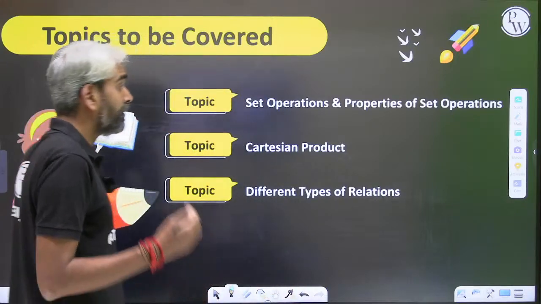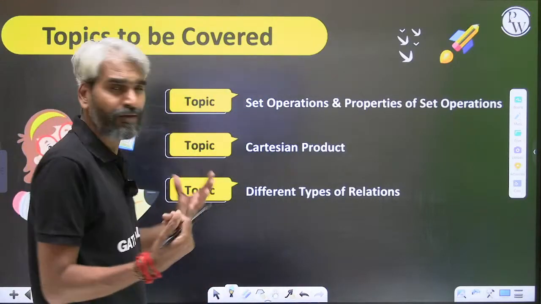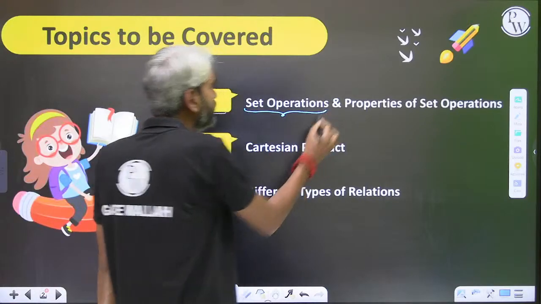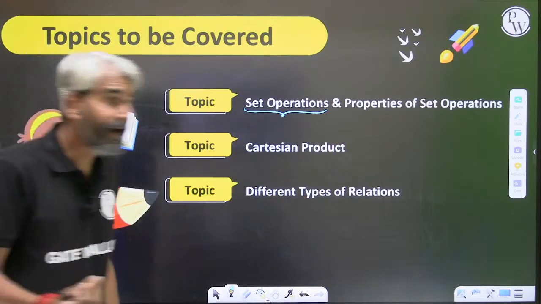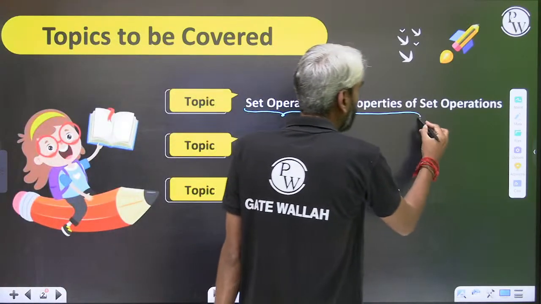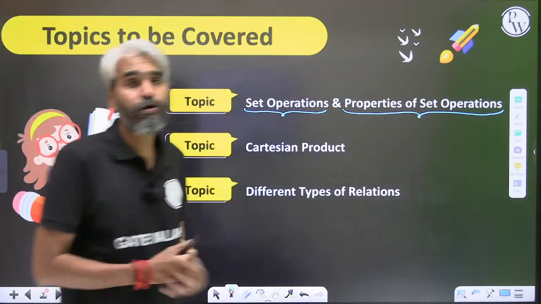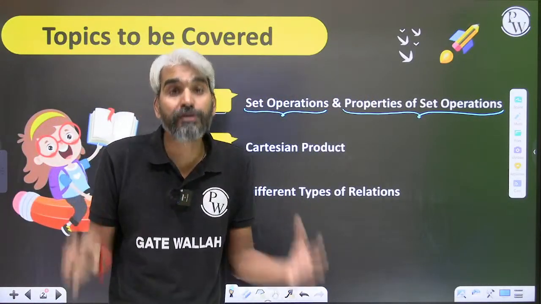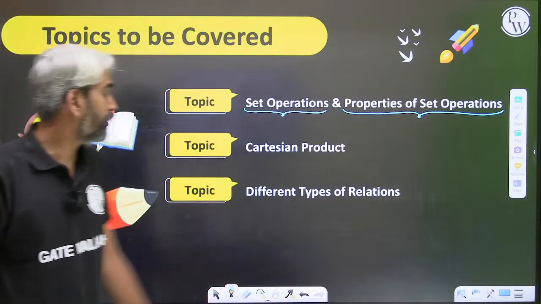Today we will try to understand what the different types of operations are which can be performed on sets, and what properties are followed by the set operations. That is, if you perform two set operations, what properties will hold true during those operations.